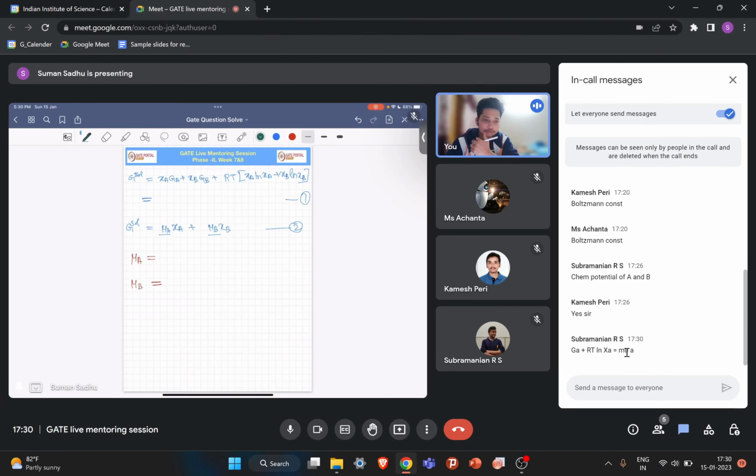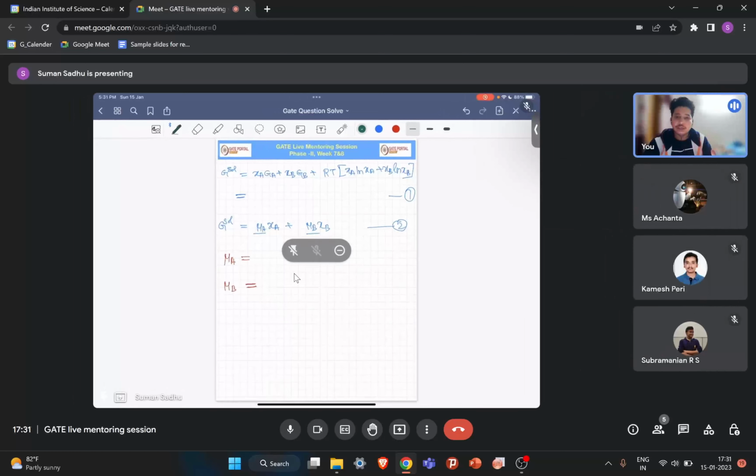So yes, mu a is equal to Ga plus RT ln xa. Okay, good. Everyone getting the same? So just rearrange your equation.